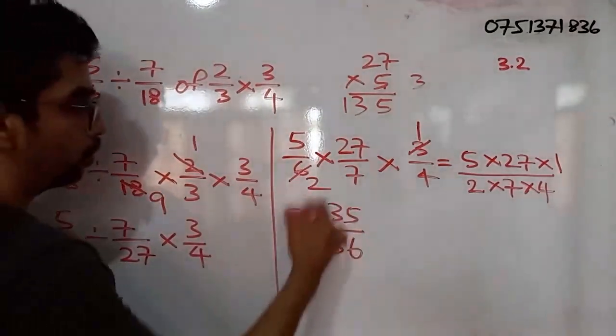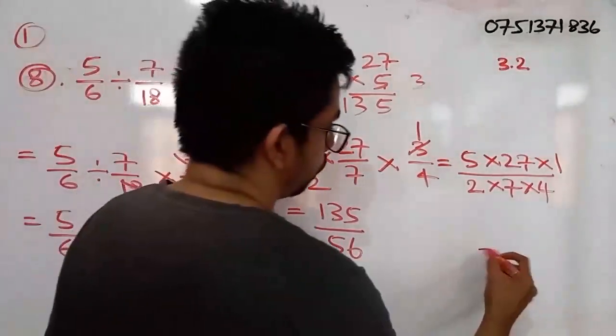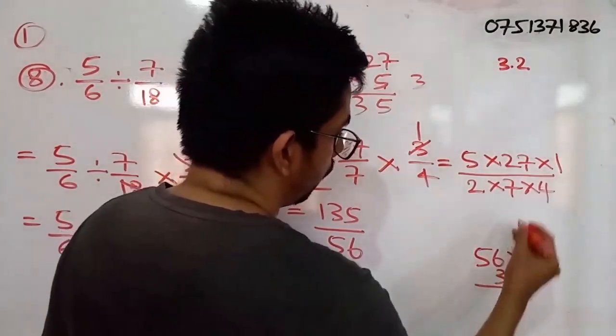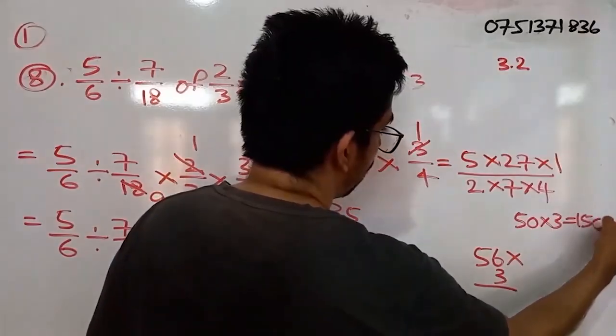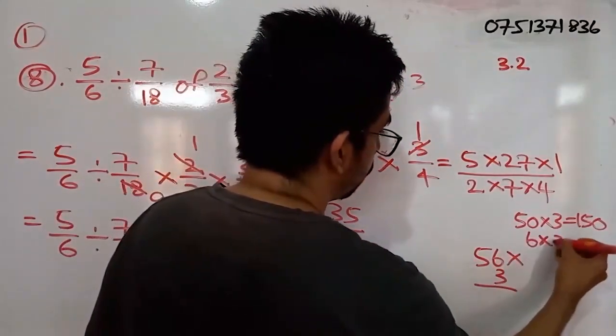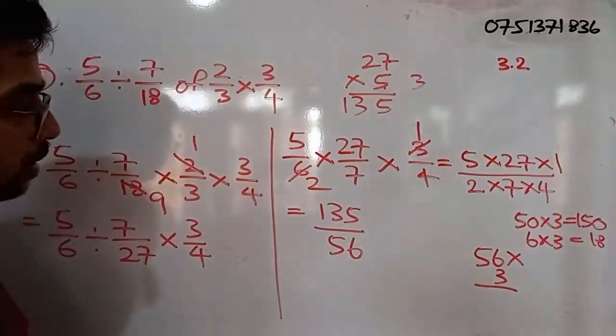Right? So now we have to convert this into what? Mixed number. Okay? So 56 into 3. So 50 times 3, we know that is 150. 6 times 3, we know that is 18. So we get 168.